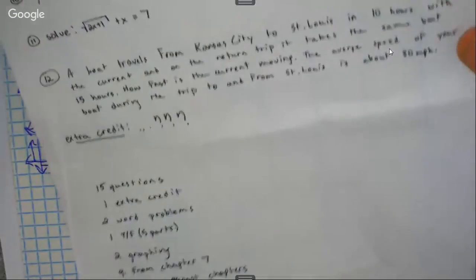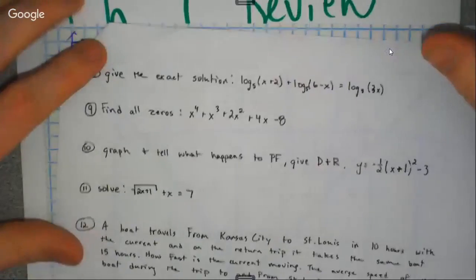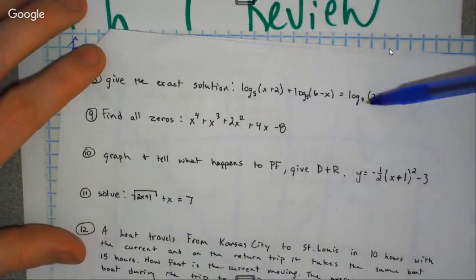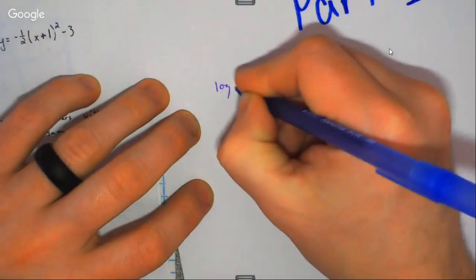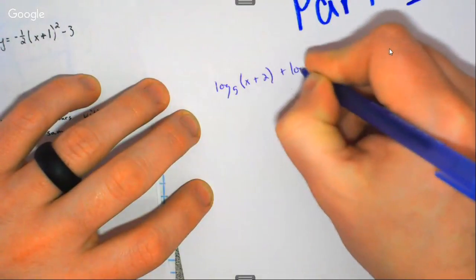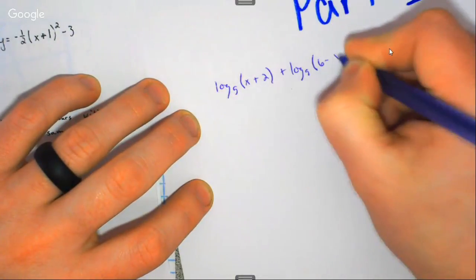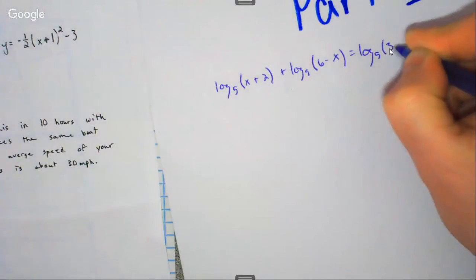Number 8 says give the exact solution of this logarithm. So let's write out this logarithm here. We have log base 5 of x plus 2 plus log base 5 of 6 minus x equals log base 5 of 3x.